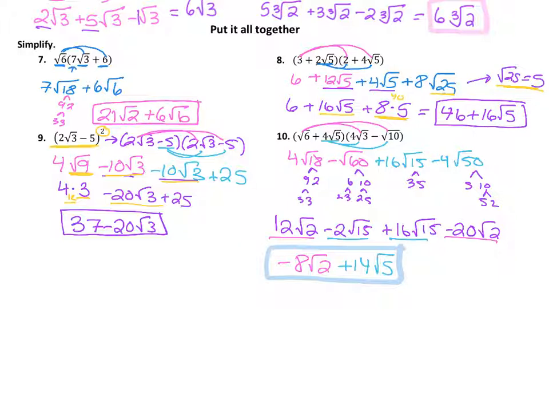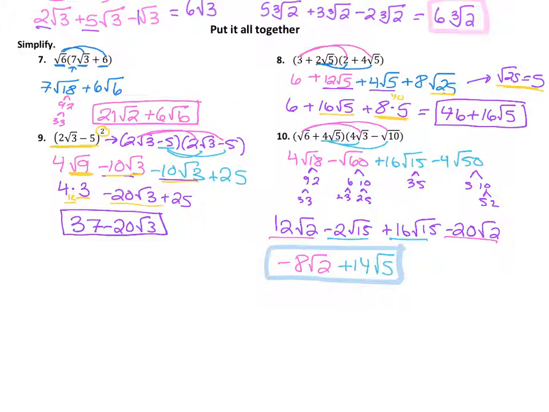Now the last one is very similar to 8 and 9. So I distribute the root 6, I distribute the 4 root 5, and then I get 4 roots that are not at all the same. So I go and simplify each of those roots. So I simplify the square root of 18, I simplify the square root of 60. The square root of 15 actually couldn't be reduced.